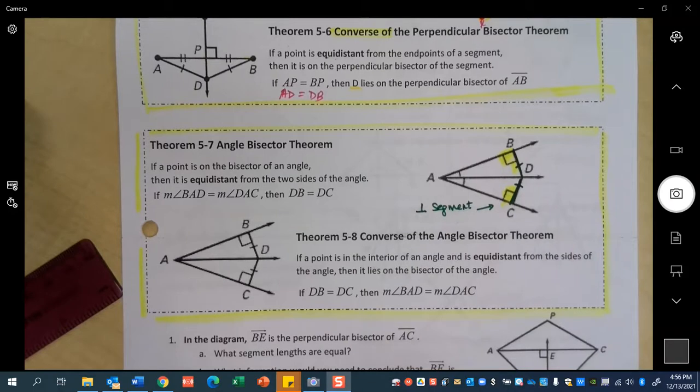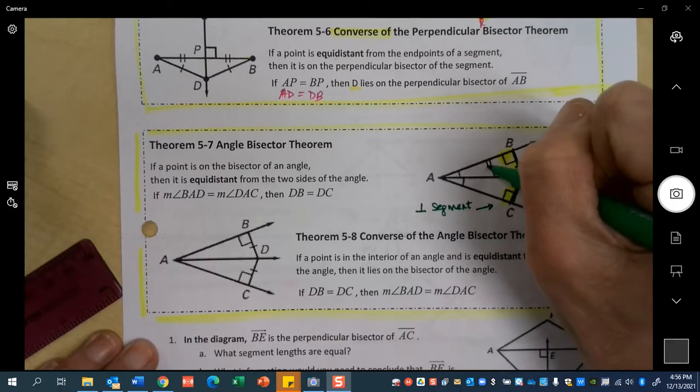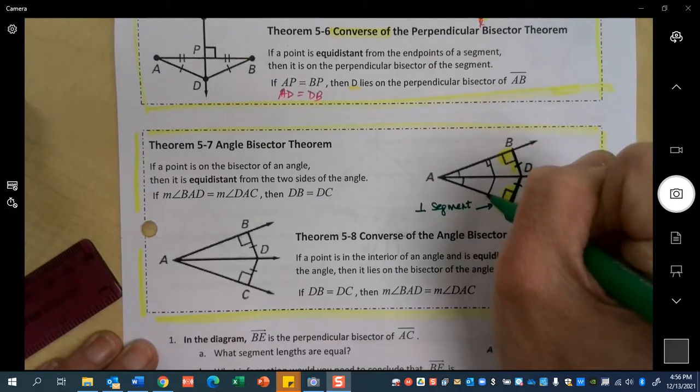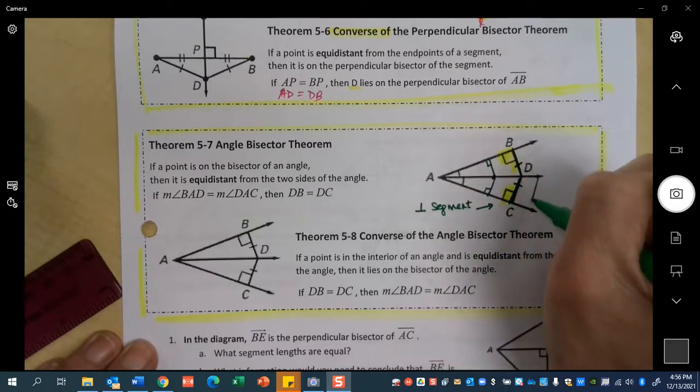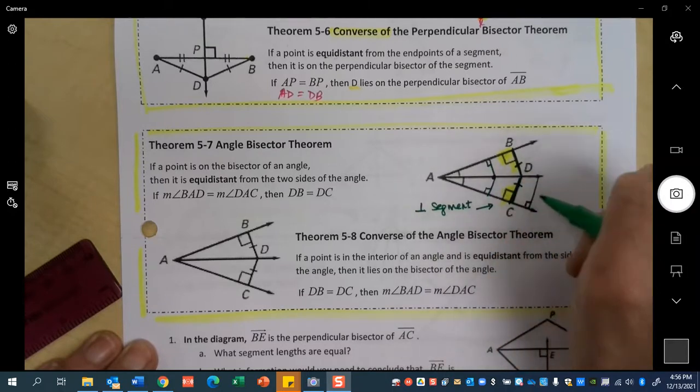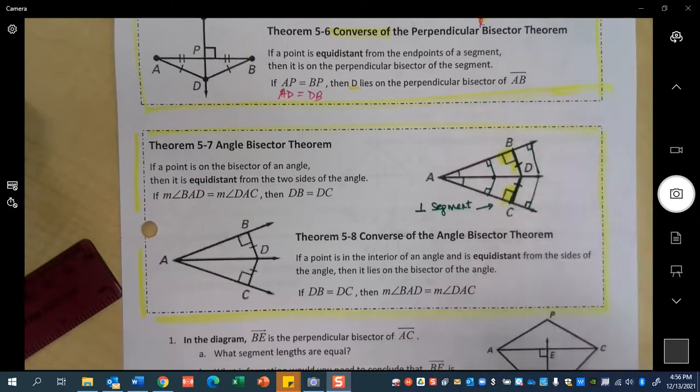If a point is on the bisector of the angle, then it's equidistant from the two sides of the angle. And guess what? I can measure that at any point, whether it's where the mouth of the angle is open real wide or close in tight. If it's sitting on the angle bisector, it's equidistant.